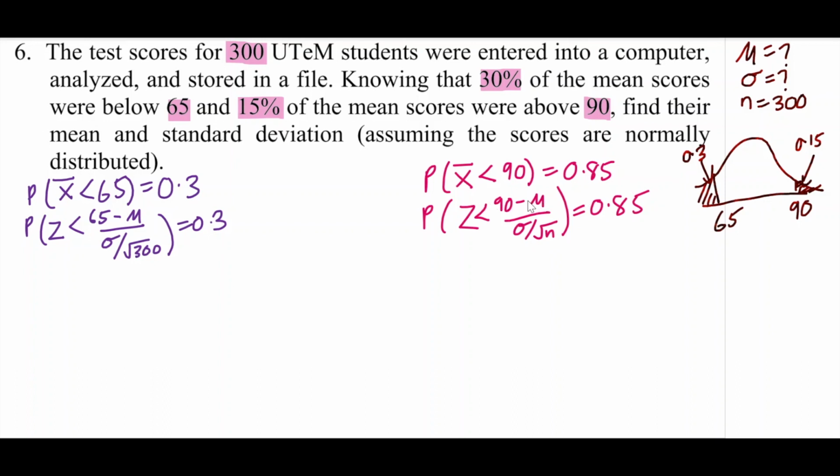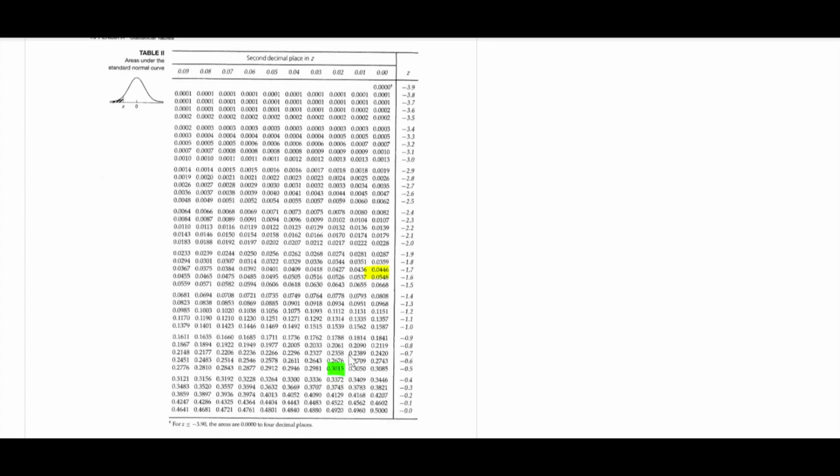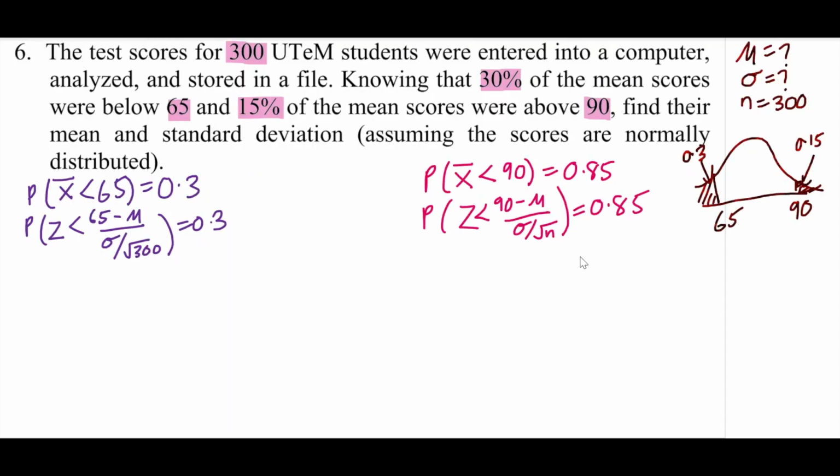Next, we need to check the Z value when the probability is 0.85 and the Z value for the probability 0.3. So when the probability is 0.85, the Z value is 1.04. When the probability is 0.3, the Z value is negative 0.52. This is 1.04, the Z value, 90 minus mu.